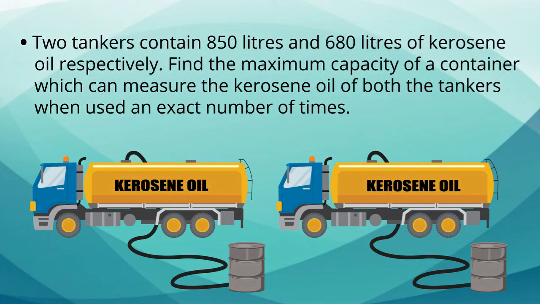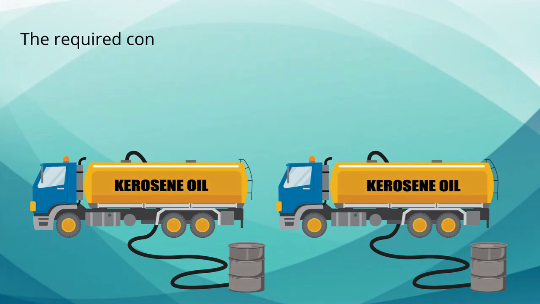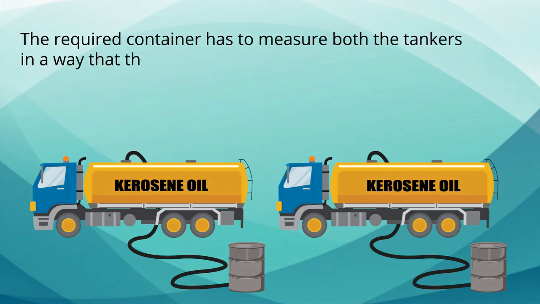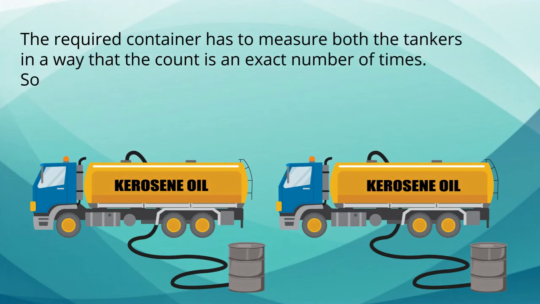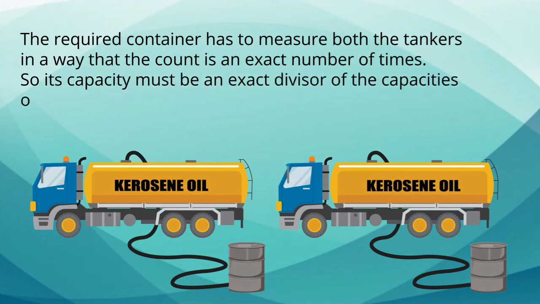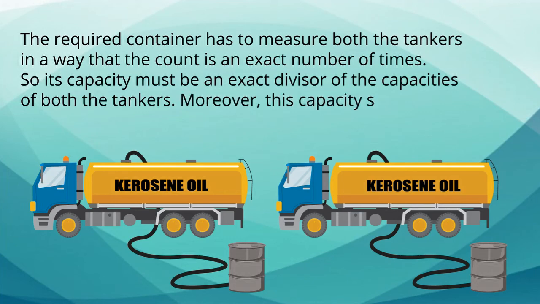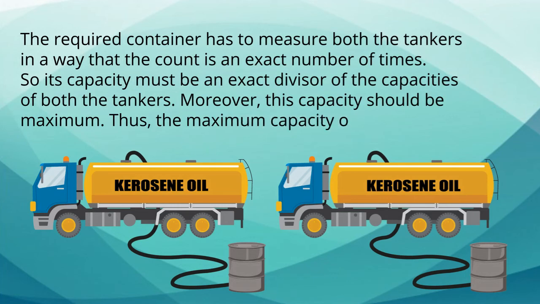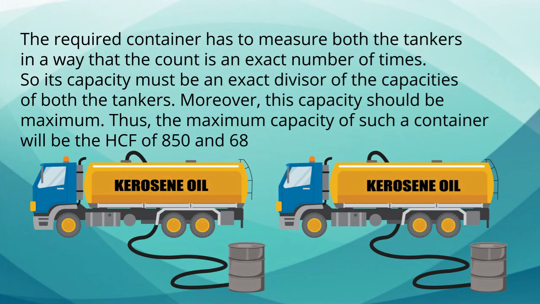Dear students, you know that the required container has to measure both the tankers in a way that the count is an exact number of times. So, its capacity must be an exact divisor of the capacities of both the tankers. Moreover, this capacity should be maximum. Thus, the maximum capacity of such a container will be the HCF of 850 and 680.